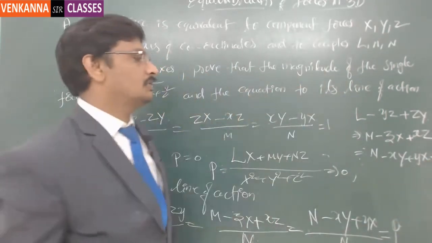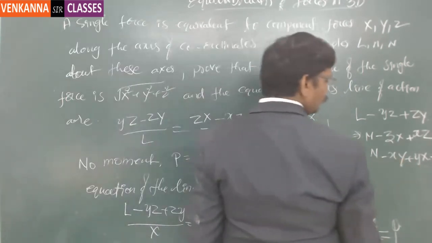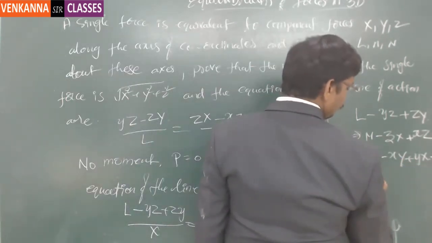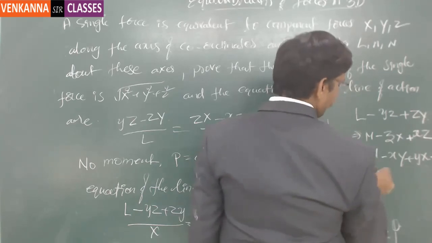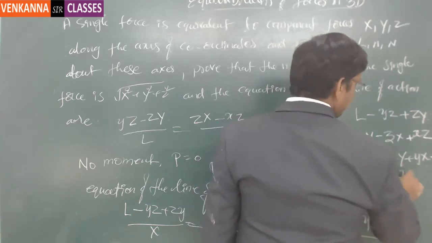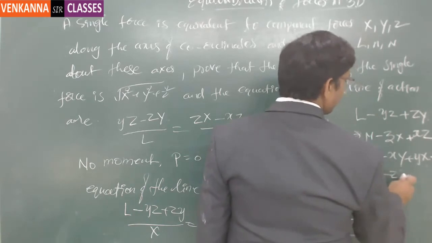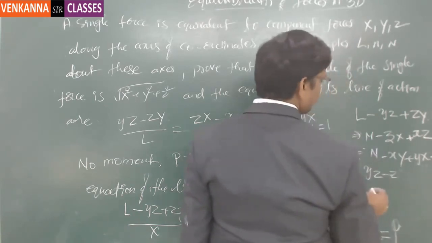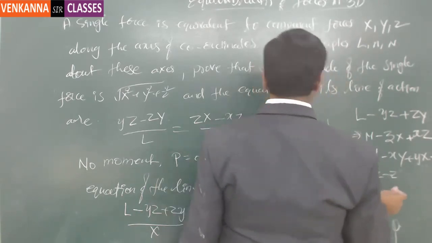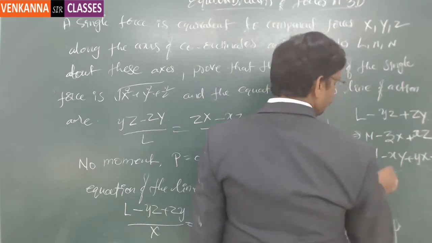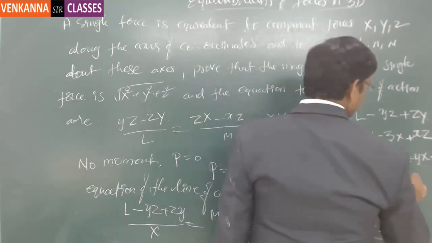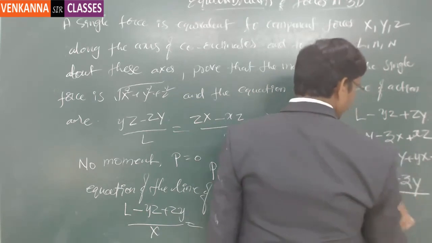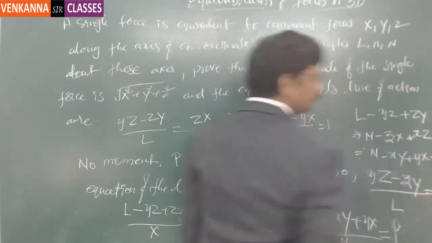If that is equal to 0, for each equation you can calculate this value. yZ minus zY divided by L equal to 1.